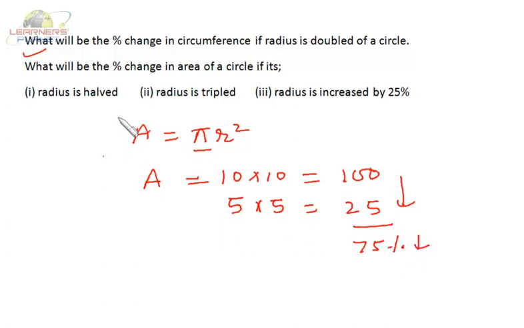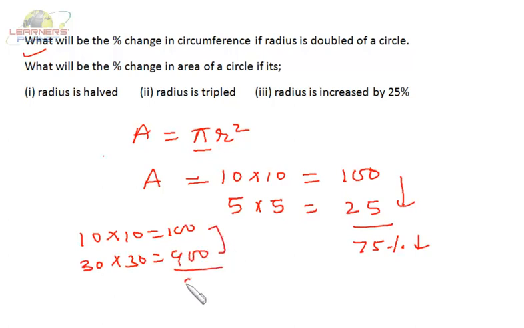Now suppose radius is tripled. Let's see over here, 10 into 10, 100. If radius is tripled, that means it's 30 into 30, that means 900. So there is an 800% increase in the area. Friends, various questions are asked on this concept.